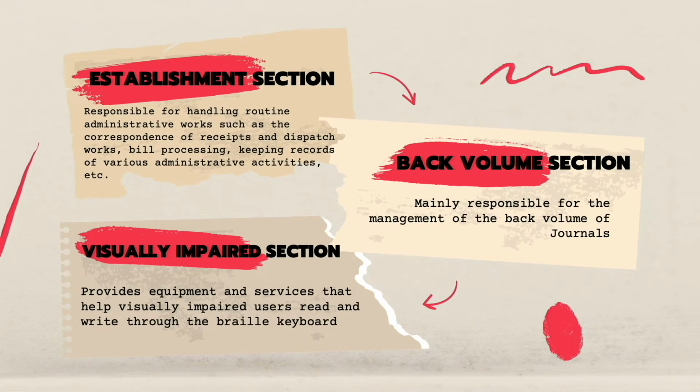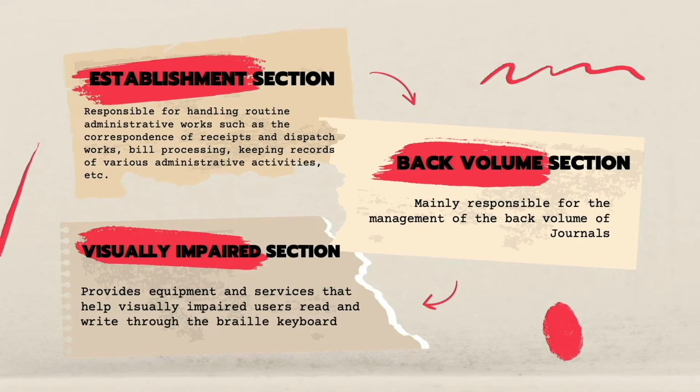Along with the previous three, you can also find these sections in most large libraries. The establishment section. It is responsible for handling routine administrative works such as the correspondence of receipts and dispatch works, bill processing, keeping records of various administrative activities, etc. The back volume section.